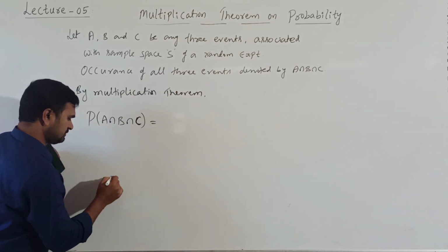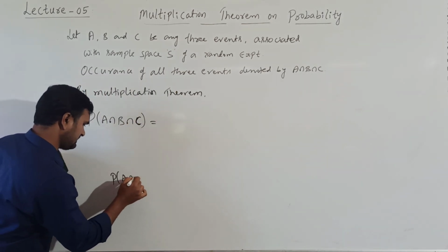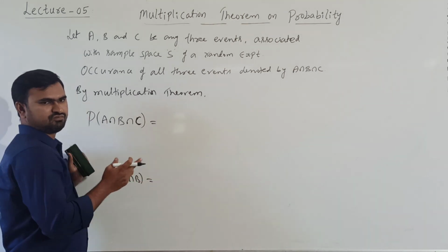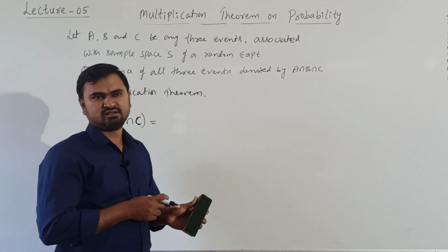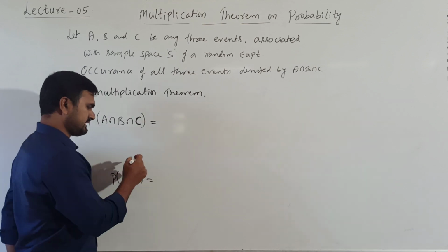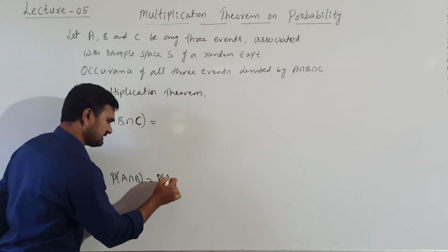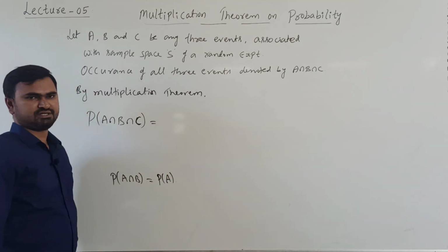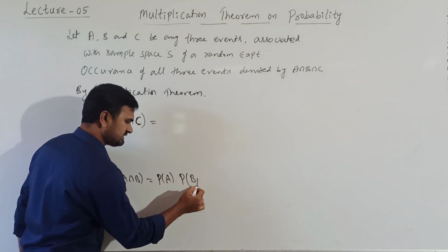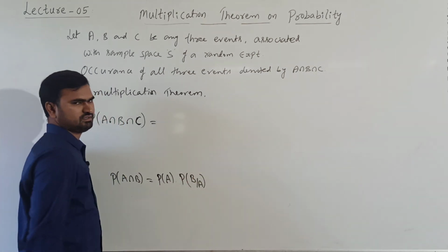If you take two events, we write P of A intersection B. Occurrence of both the events means first one event should occur, then another event by knowing that the first event has already occurred. So we write it as probability of occurrence of one event times probability of occurrence of the second event, knowing that the first event has already occurred.